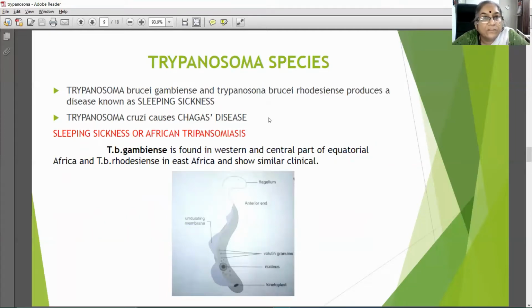Trypanosoma species. The Trypanosoma species is divided especially into two: Trypanosoma brucei gambiense and Trypanosoma brucei rhodesiense.